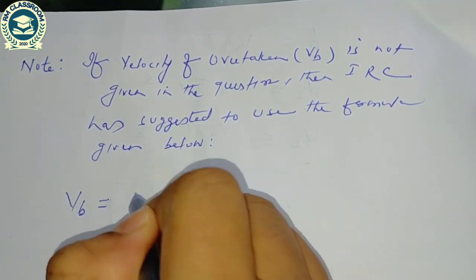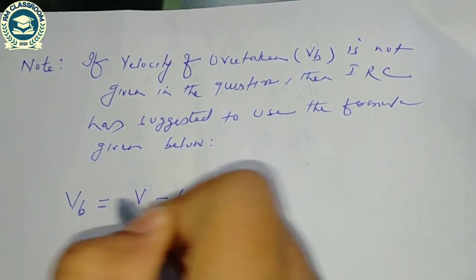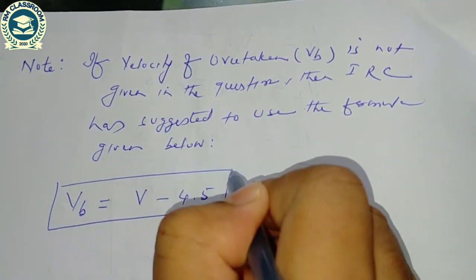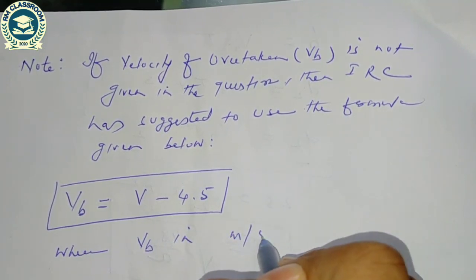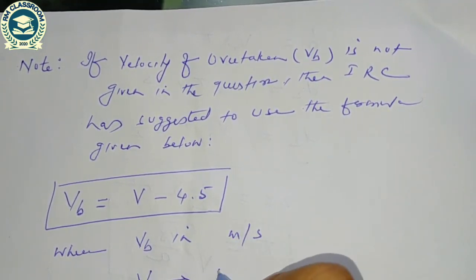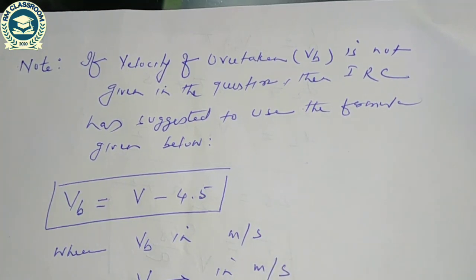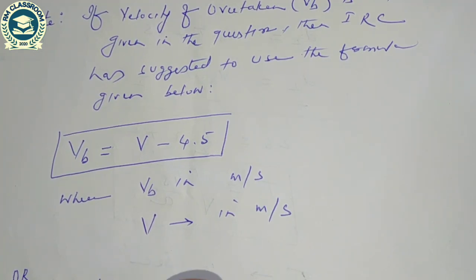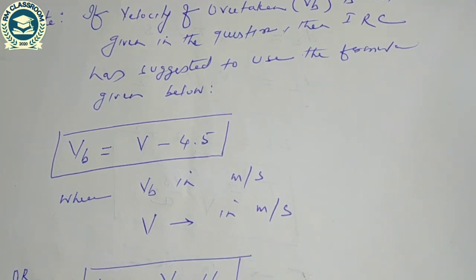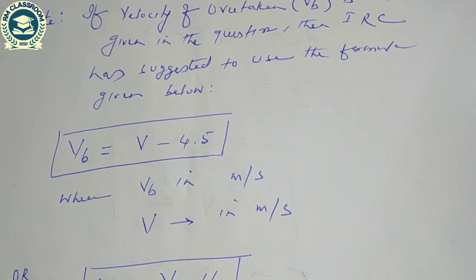VB is equal to capital V minus 4.5, where VB in meter per second, capital V in meter per second, or VB is equal to capital V minus 16, where VB in kilometer per hour, capital V in kilometer per hour.